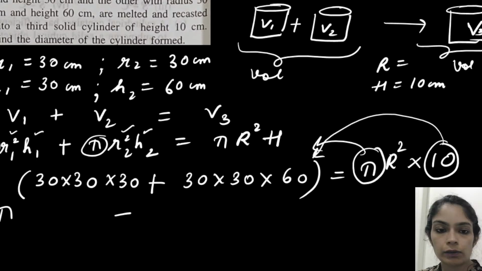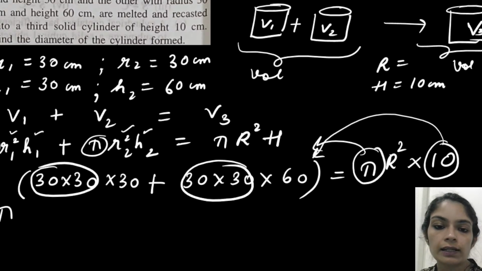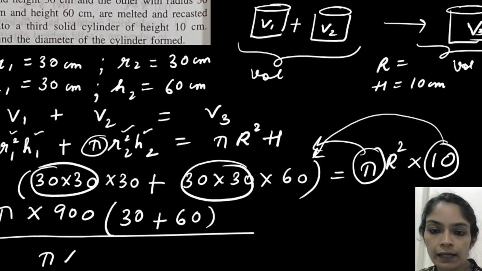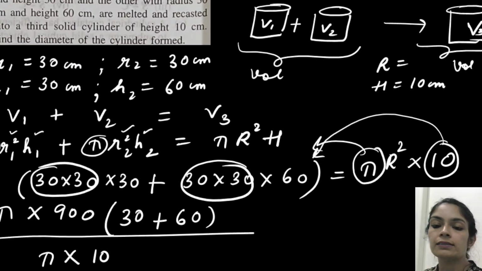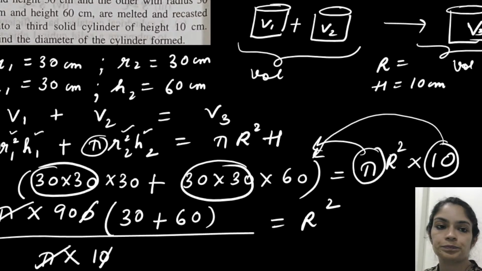Let's take 30 into 30 common. This 30 into 30 and this 30 into 30, let's take out common. 30 into 30 is 900, so I am taking 900 out common. What is left is 30 plus 60. And this pi and 10 I write as pi into 10, because on the other side they are getting multiplied by R square. Now pi and pi will get cancelled, and the 10 and the 10 will get cancelled.